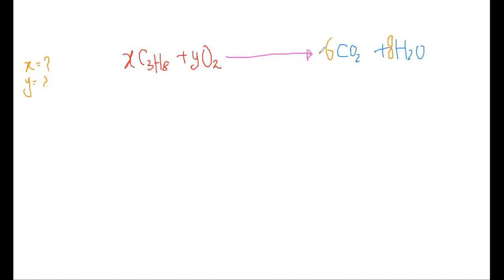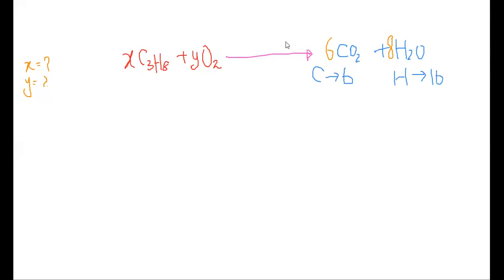Look, you have to find this x. Here, how many carbon? 6 carbon, 6 into 1. And here, how many hydrogen? 8 into 2, 16 hydrogen.